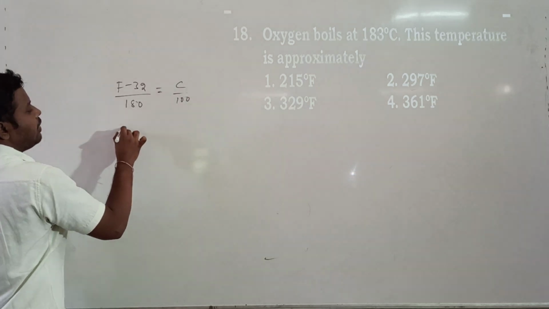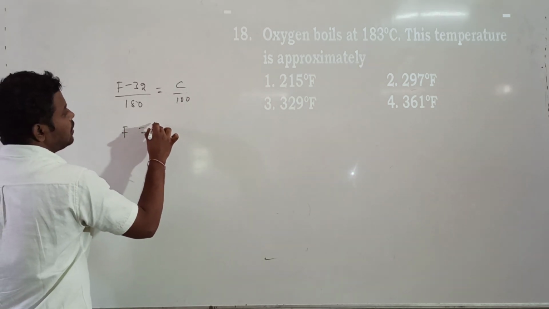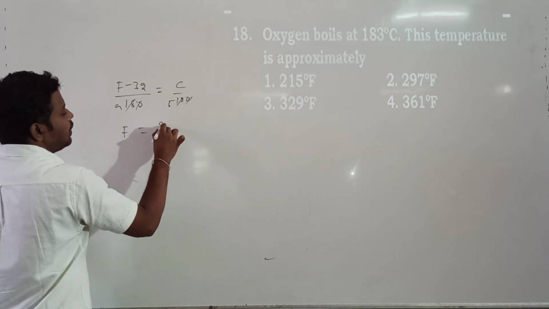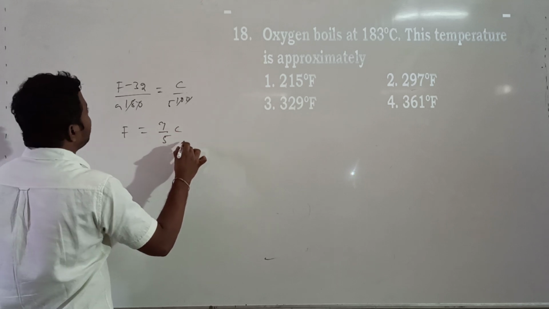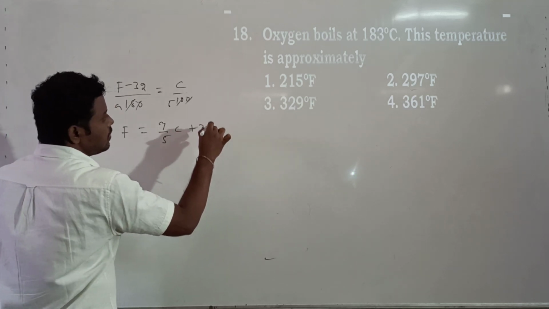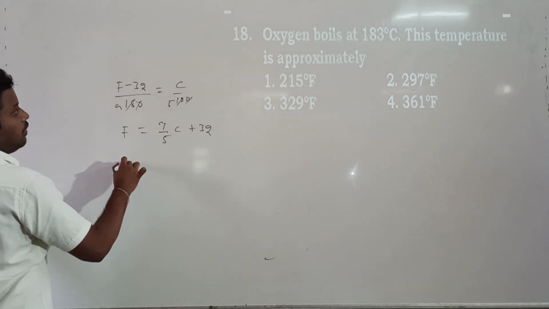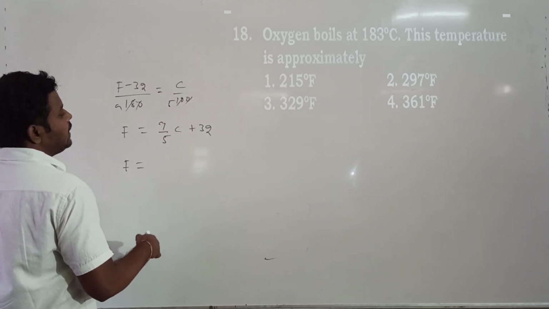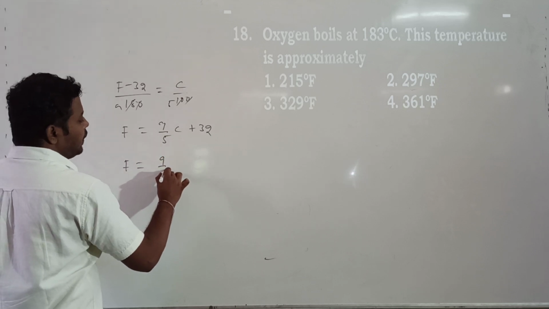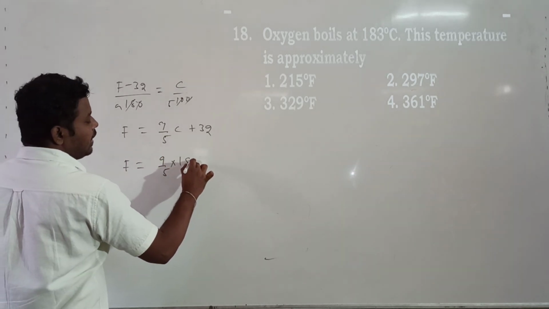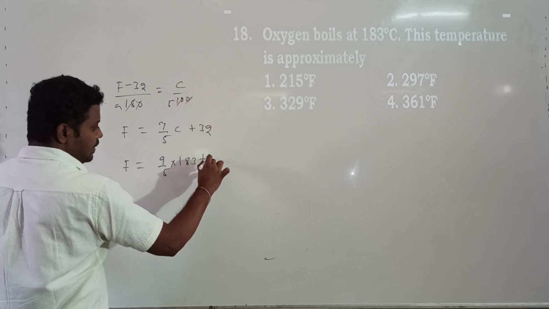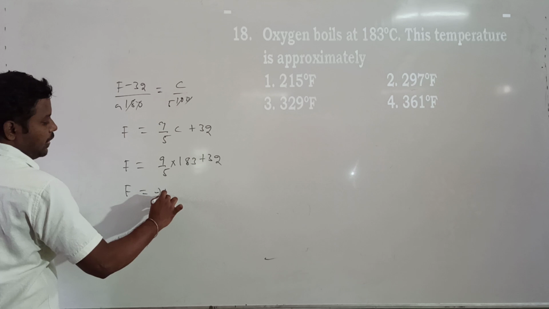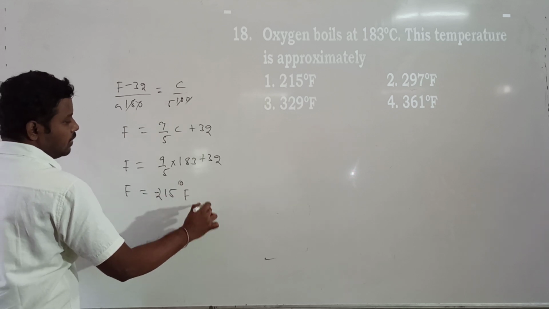Otherwise, directly, F is equal to 9 by 5 times C plus 32. Substitute the values: F is 9 by 5 times the temperature in Celsius, minus 183, plus 32. Calculating, we get the answer of about minus 297 degrees Fahrenheit.